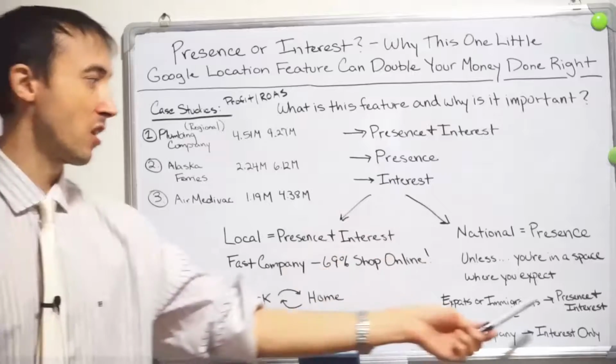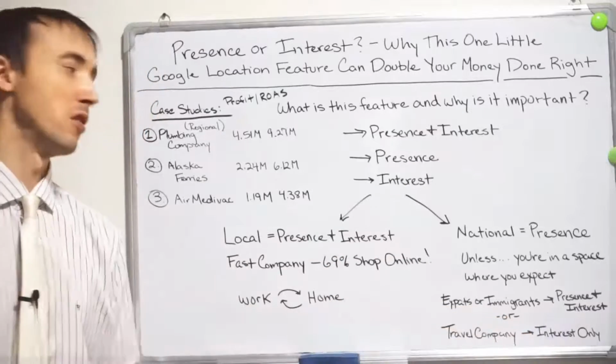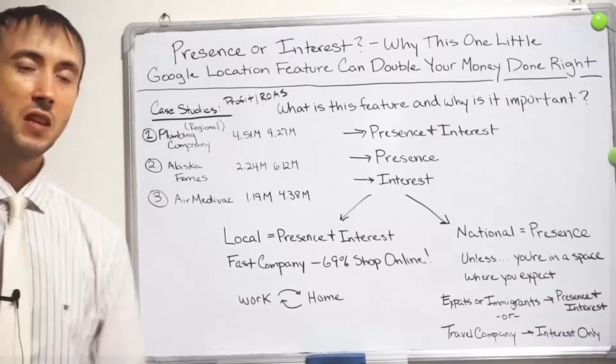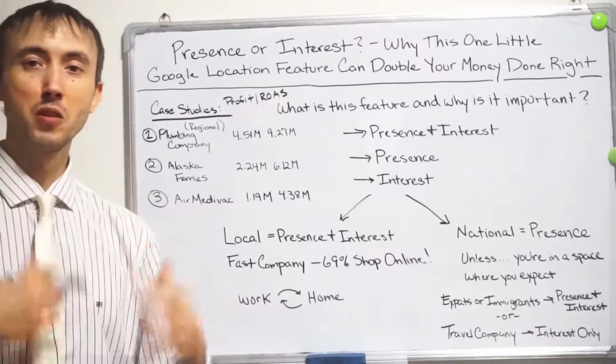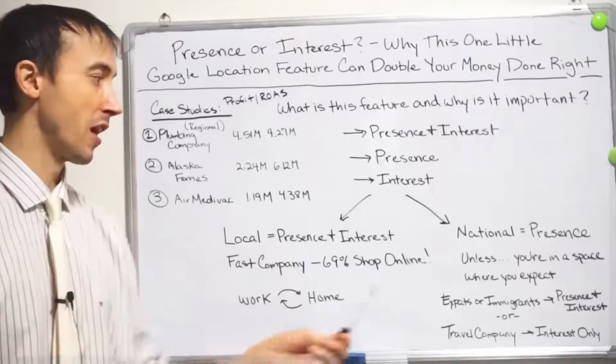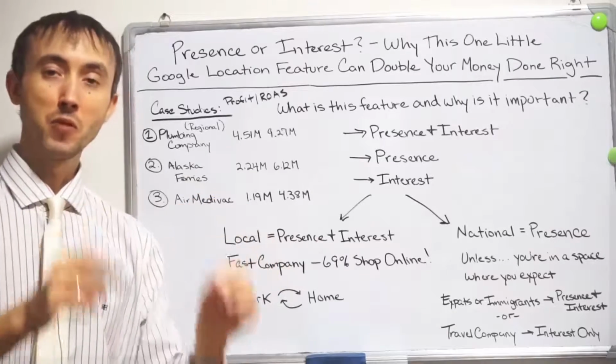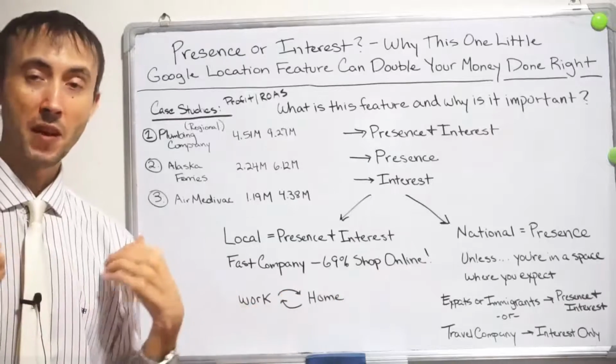So anyway, they were making $2.24 million a year in sales before. After, once they just switched this to interest, it went to $6.12 million in after account spend profit.